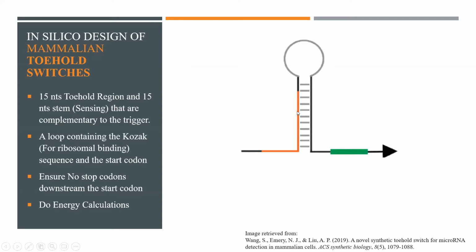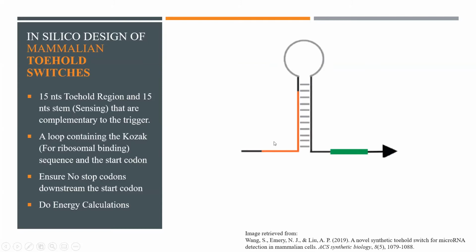So you first construct the toehold region, which is complementary to the trigger. They are about 30 nucleotides long, and then you add the ribosome binding site and the start codon in this loop. Once you make the switch, you check for the presence of stop codons to ensure that there are no stop codons after the start codon, and hence efficient expression of your target gene.